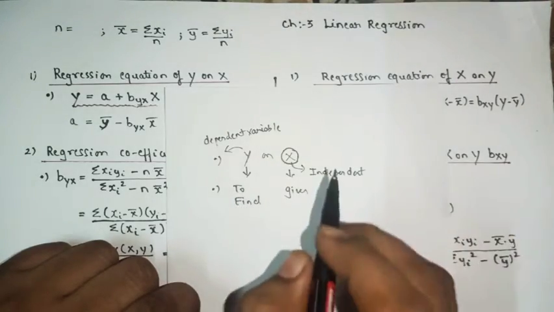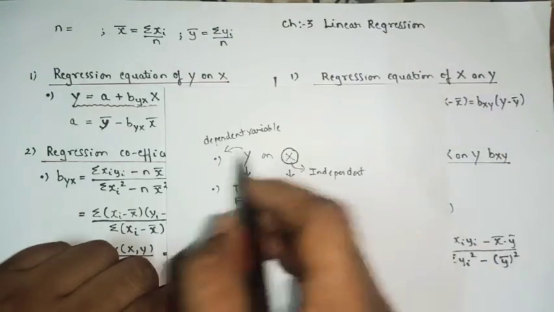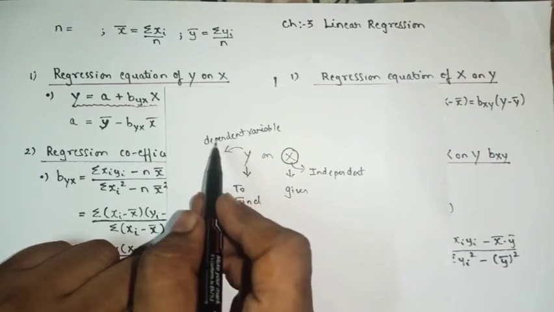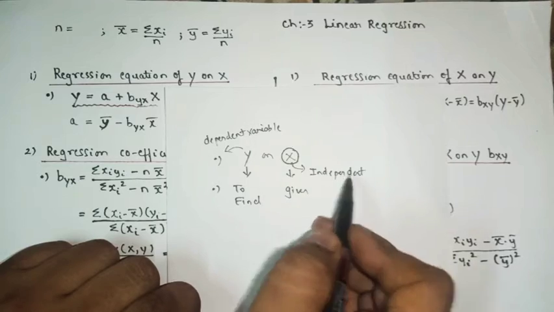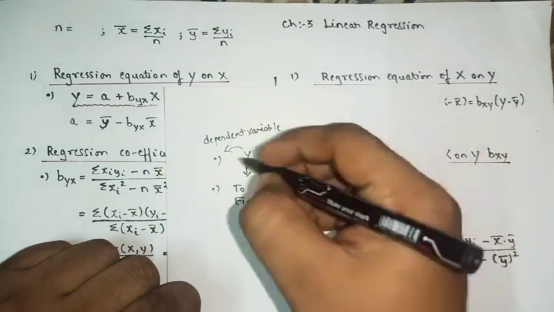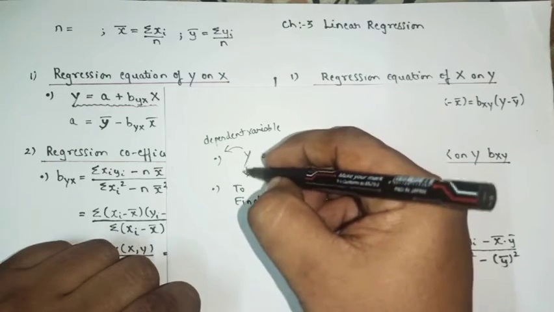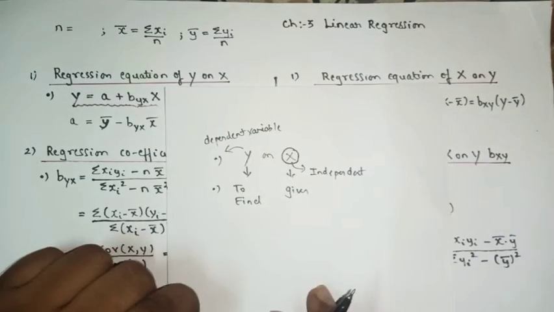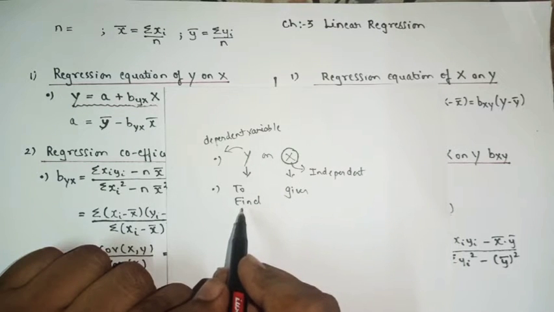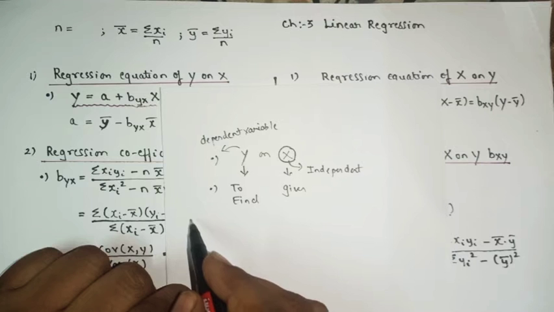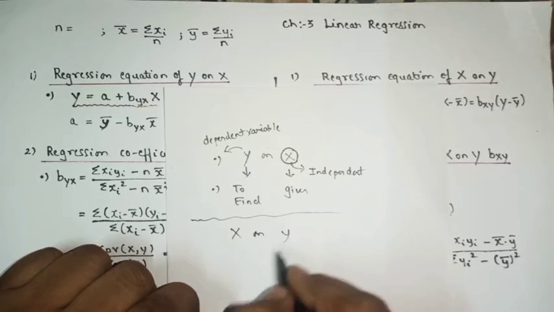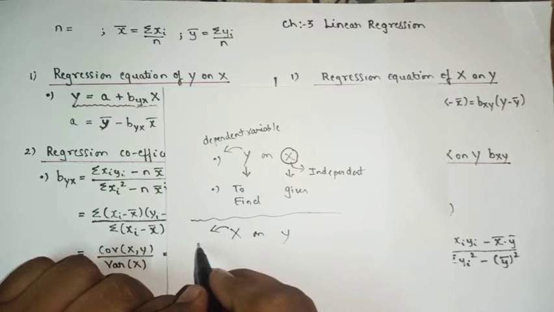So I hope you understood what you mean by y on x. So y on x means, in the professional language, y is known as dependent and x is known as independent. That means when we have the value of x, then we can find the value of y. Okay, so you can remember like this or this one also. In case of x on y, here x will be what?